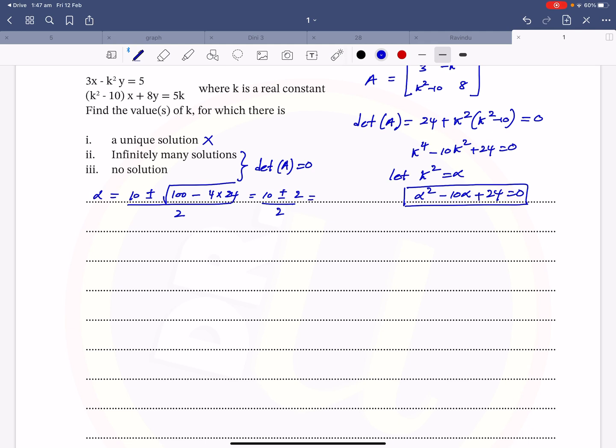So we get 5 plus or minus 1. There are two alpha values: alpha is 6 and alpha is 4.